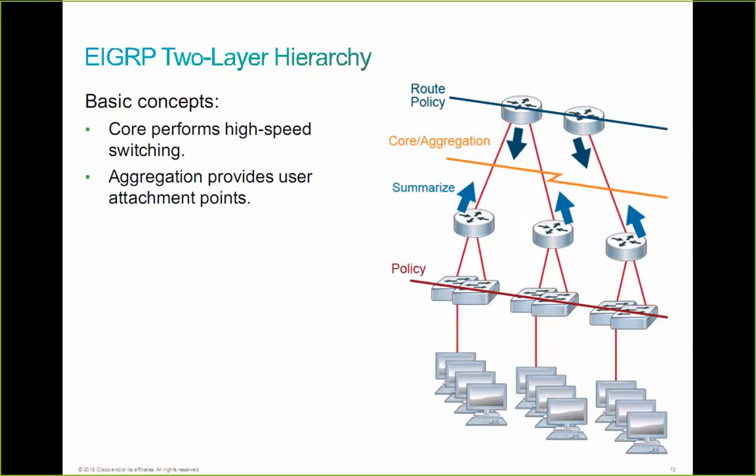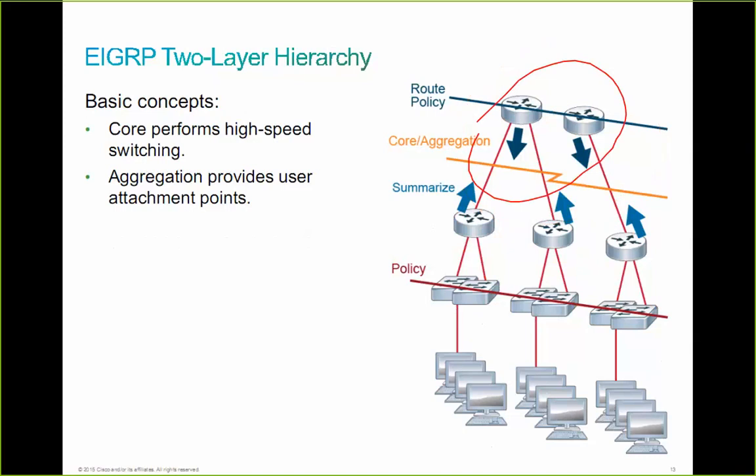What about this policy, these dark blue arrows that are represented going back down to the attachment point, the next layer? What do those represent? I'm talking about those two arrows right there that are going from the core down to that aggregation layer.